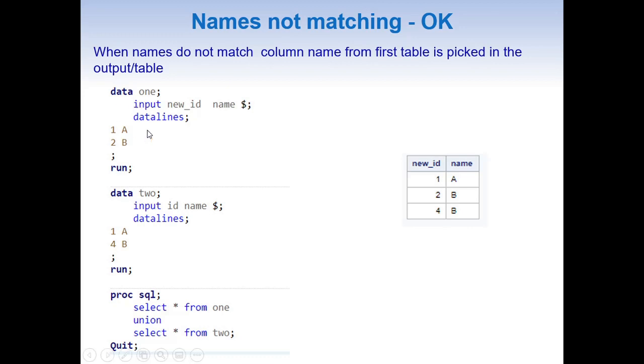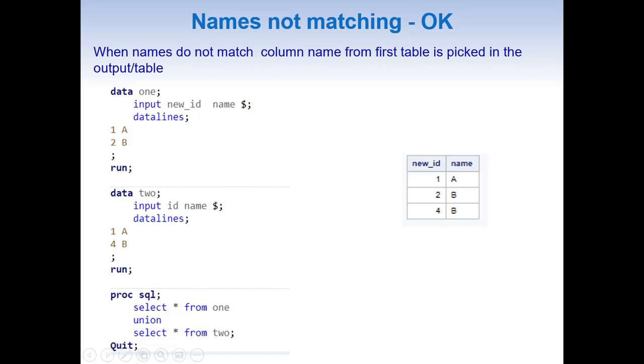But here it is always about position. Here new id and id, they match, meaning their data types are same. So here the append happens and they come out in the same variable, but with the name from the first data set. This is an important observation from the regular SAS properties that we use in data step.